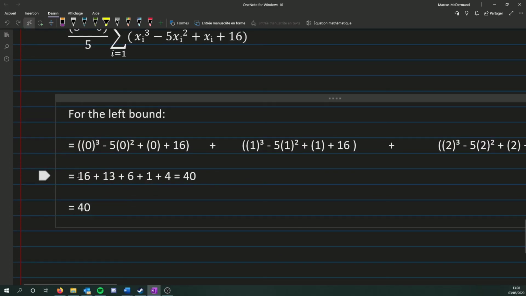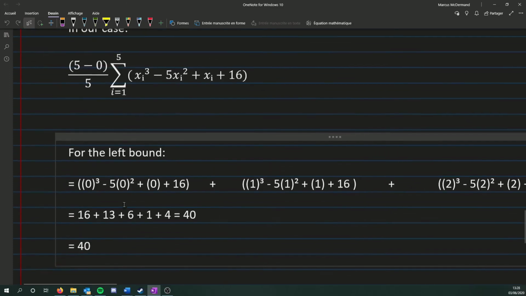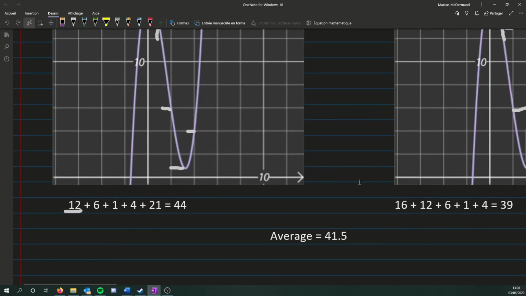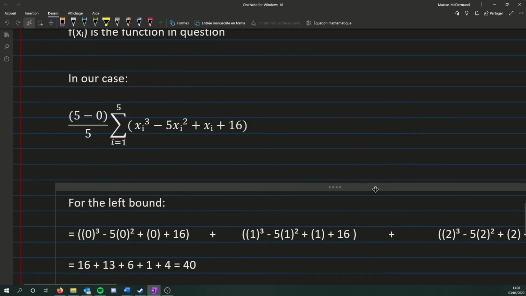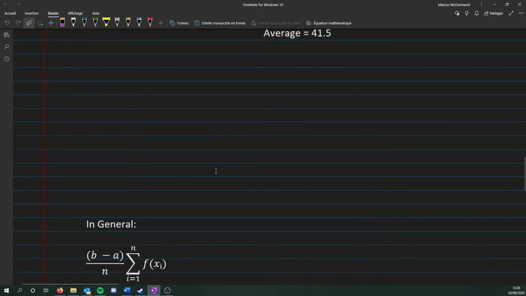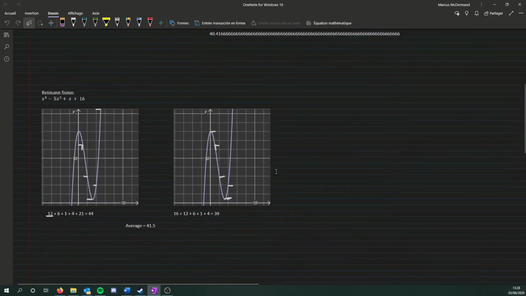And that gives you our left bound, which is 16 plus 13 plus 6 plus 1 plus 4, which equals 40. And 40 is our answer for the left bound, which, as you can see, I was 1 off of, but close enough. So that is, in essence, what a Riemann sum happens to be.